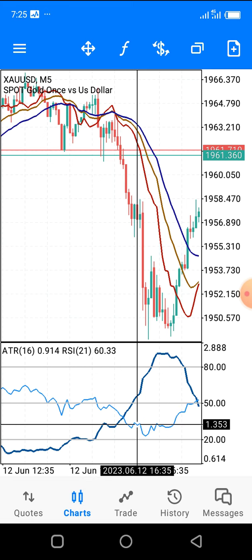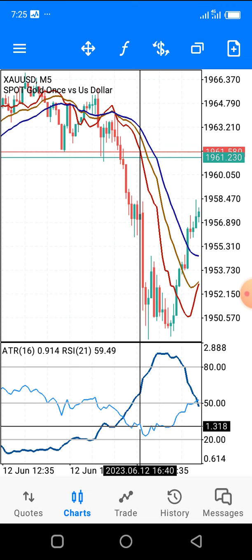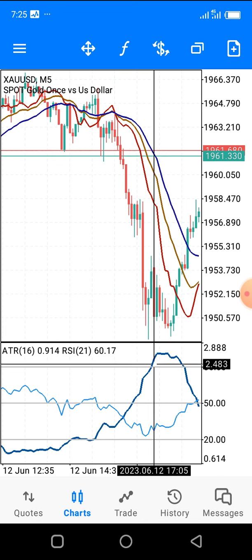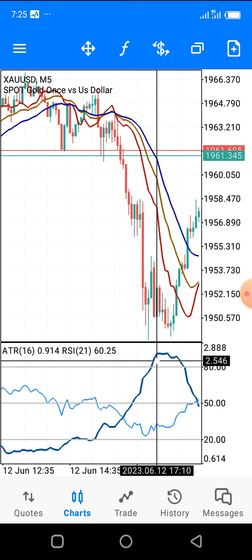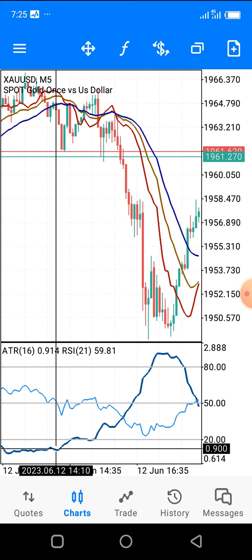But for the RSI, if it's downwards, that is, below 50, as it is here, it's telling you a sell momentum. I'll go again. Whenever the ATR is going upward, it's telling you a strong volatility. But if the ATR is downward like this, it's telling you a weak volatility.